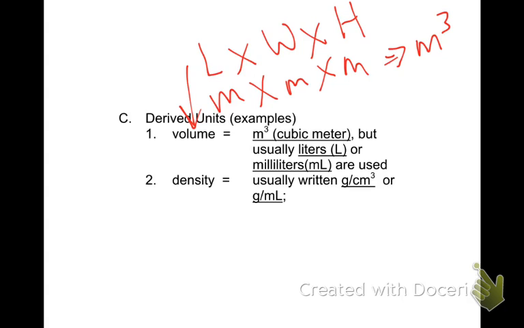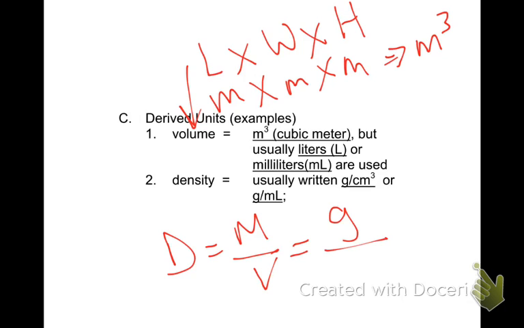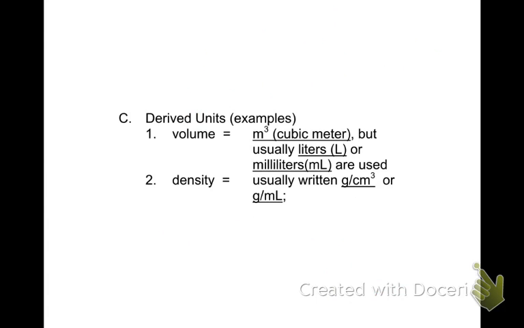Typically, if we're talking about a liquid volume, though, instead of meters cubed, we're going to talk about liters, and often milliliters are used. Density, as we will learn, or probably already have learned, equals mass over volume. The units for mass are grams. Volume, like we said, can be in meters cubed, centimeters cubed, or milliliters. Because we had to calculate that unit, it is known as a derived unit.